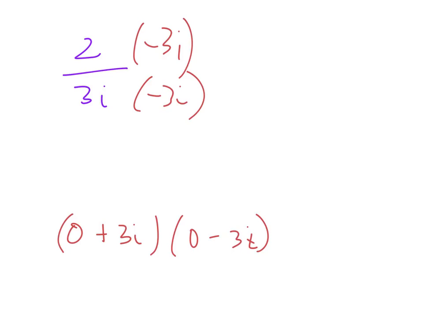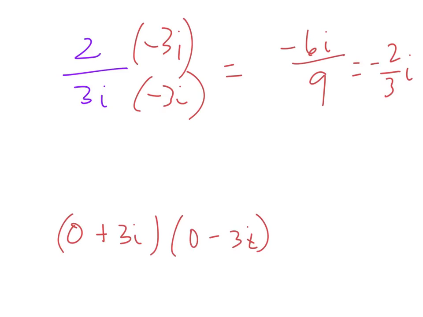The conjugate is really just the same number with the opposite sign of whatever it is. And that will obviously get rid of that. Now, let's just finish this. This is negative 6i, and that's going to be 9, which is negative 2/3 i.